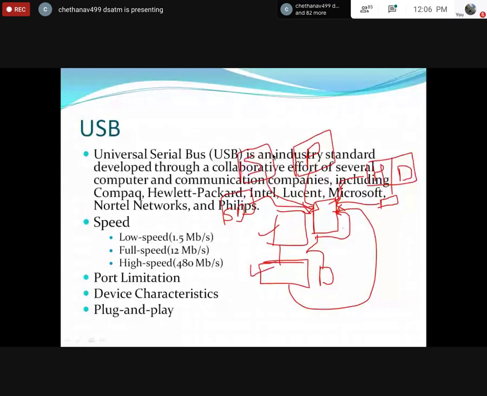For this CPU, I can attach keyboard, mouse, pen drive, then hard disk, external hard disks, then printer, scanner, anything. I want to add any other external devices. So the devices may transmit the data, that may be a large amount of data or a small amount of data.